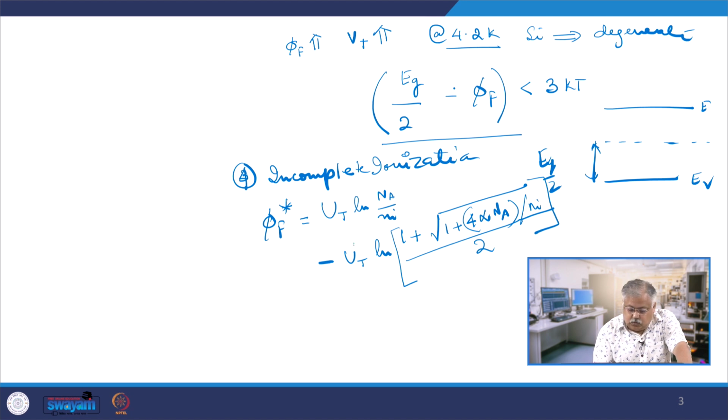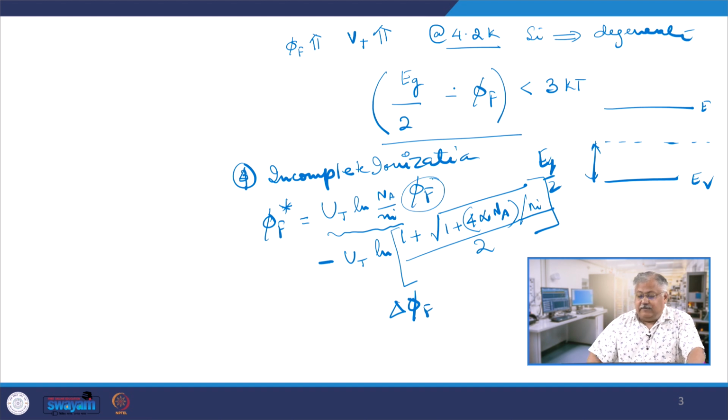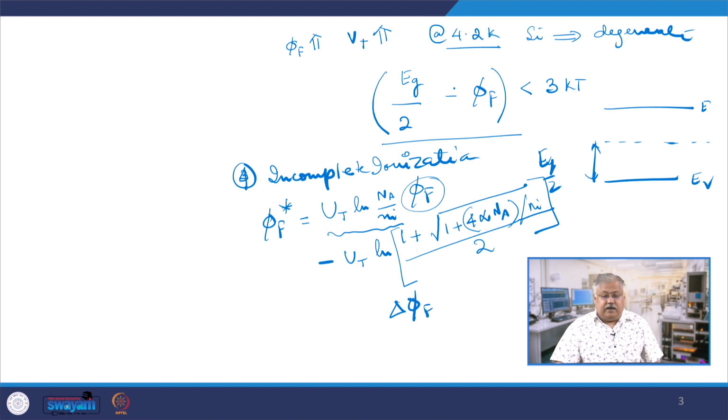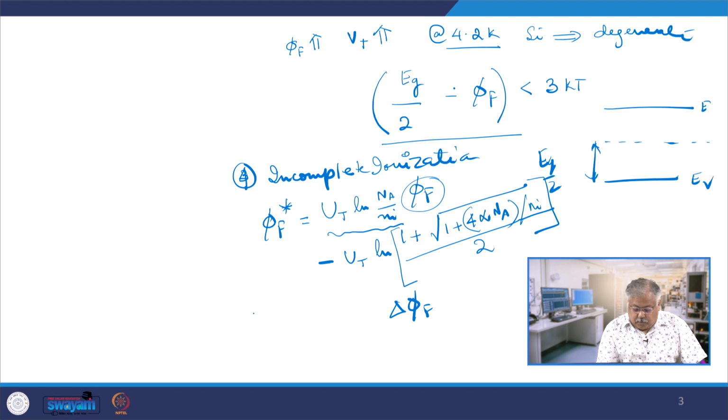This is referred to as phi f, and this is delta phi f, the change in the Fermi potential. So, this is the initial value of phi f, and delta phi f is the change in the Fermi potential. Alpha, do not worry about it, it is a slightly complicated formula, but for completeness' sake, we define it as the exponential of the acceptor ion concentration minus the intrinsic carrier concentration divided by kT, and basically these are the formulas.